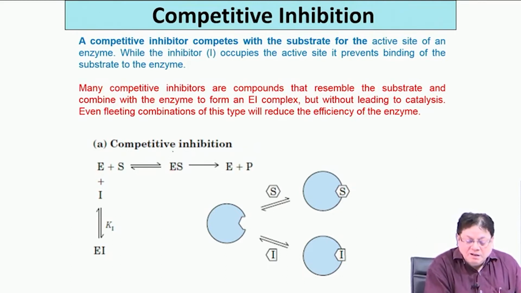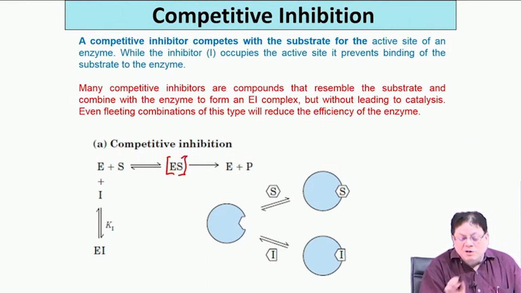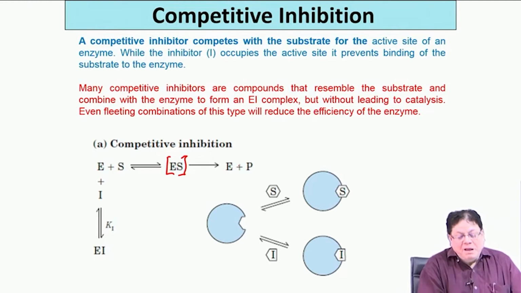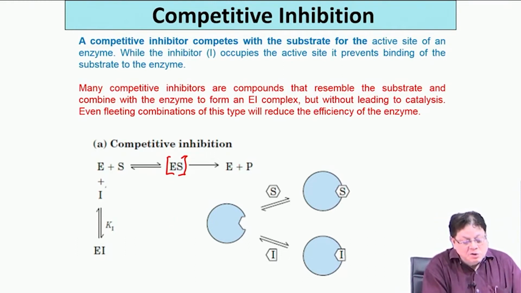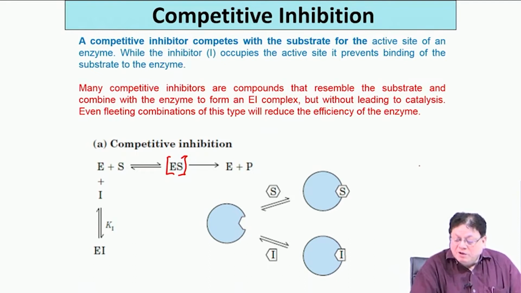Earlier we have seen that you get ES, and then ES breaks down into E plus P. If you add the inhibitor here, which is a competitive inhibitor, its geometry and electronics must be matching to some extent to the substrate, so that it also goes and binds to the enzyme. However, in this case they actually are competing for the same active site of the enzyme.